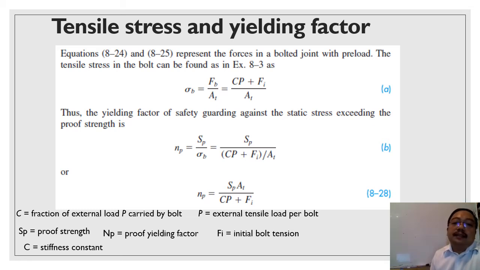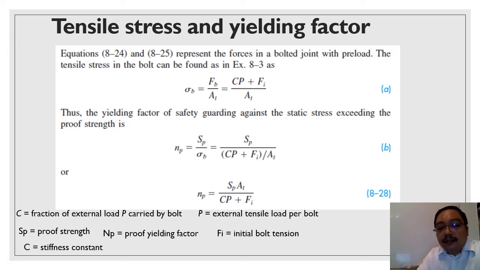And thus the yielding factor of safety guarding the static stress exceeding the proof strength is n_p, the yielding factor. S_p is the proof strength given by the catalog for the bolt. When you buy the bolt, it should have a catalog, and the catalog will tell you the strength of that bolt. This is the stress on the bolt.